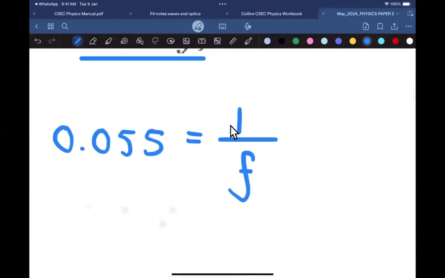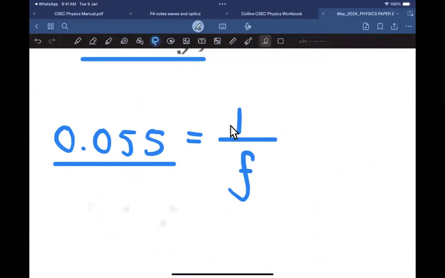So if I'm trying to find F, I would flip both sides. 0.055 is the same thing as 0.055 over what?